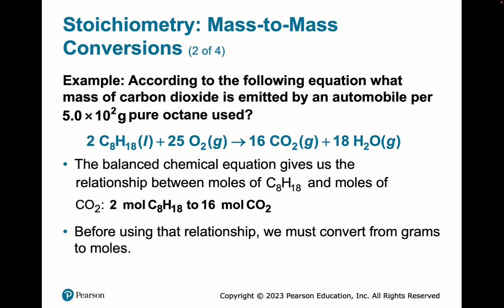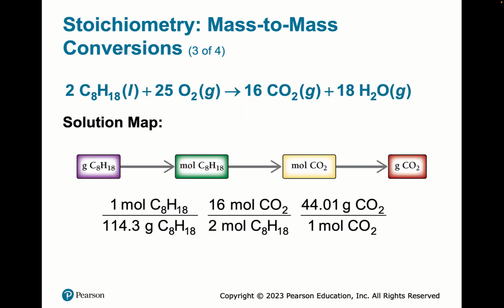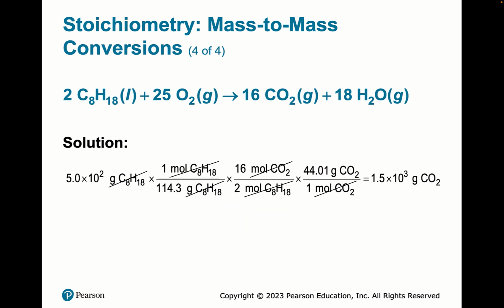We're going to burn 500 grams of octane. How much mass of carbon dioxide are we going to have? I'm looking for mass of carbon dioxide, so we're going to end up with grams carbon dioxide. The idea is we'll start with mass of octane, get the moles of octane, convert to moles of carbon dioxide, and then finally get mass of carbon dioxide. You can see it's already written there at the bottom for you.